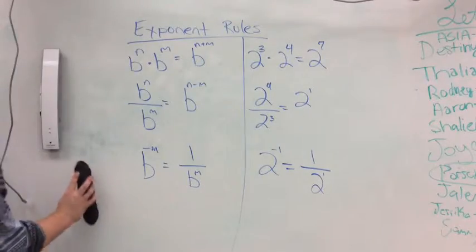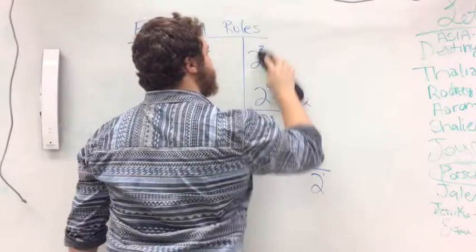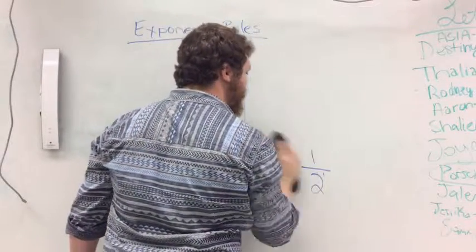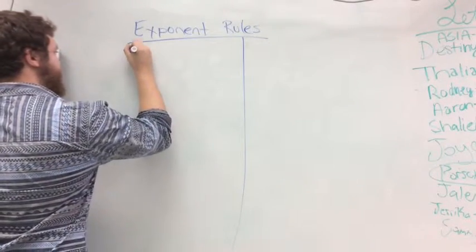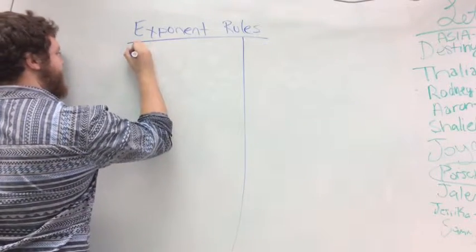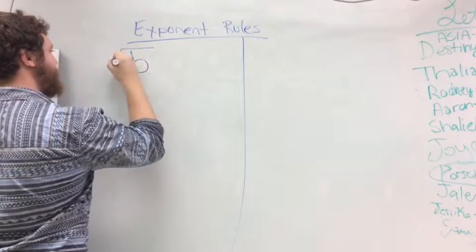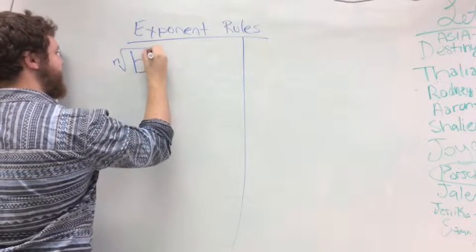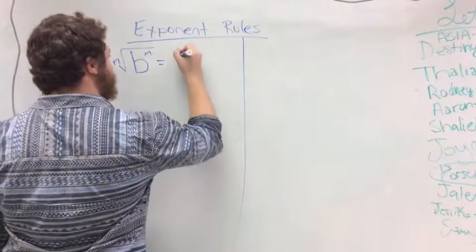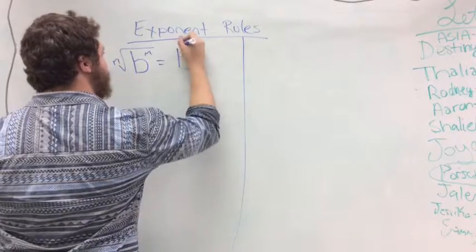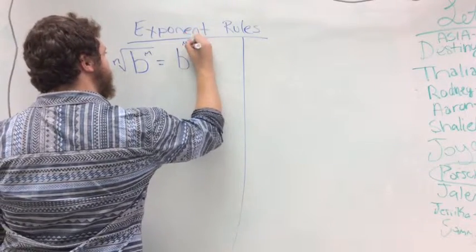I'm erasing that. I'm going to add some more. So keep going, keep adding down. The next one is if you have a radical or a fraction. We'll go both ways. If you have the nth root of b to the m, like the third root of b to the m, then you're going to get b to the m over n.